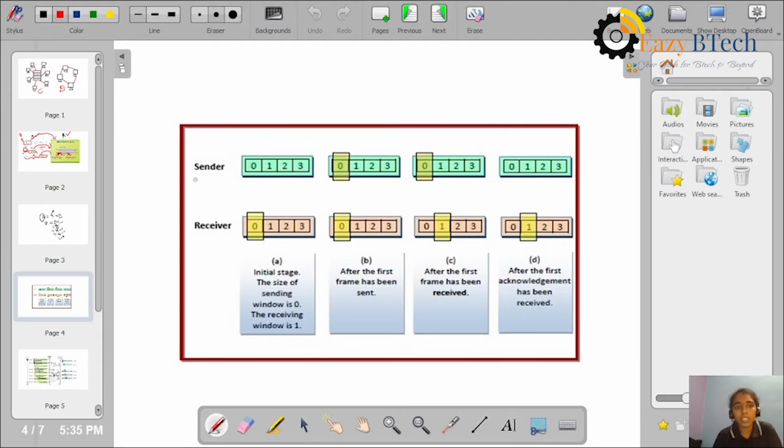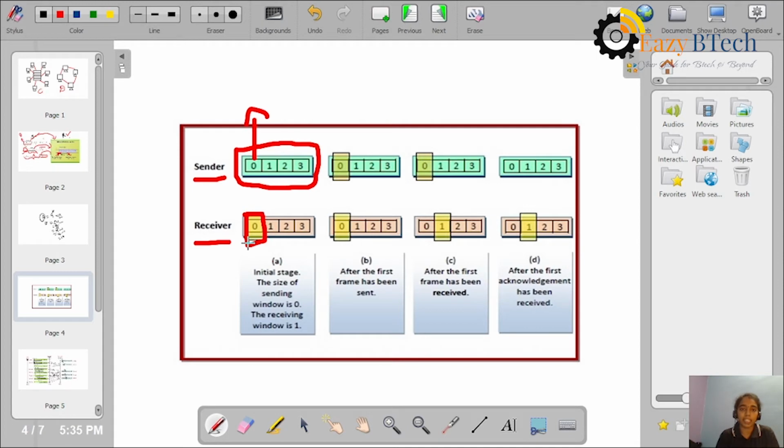See, this is the sender side sliding window and this is the receiver side sliding window. Here I am ready to send one frame, that is frame 0. It is in ready state. Here the receiver wants to receive that particular 0 frame.